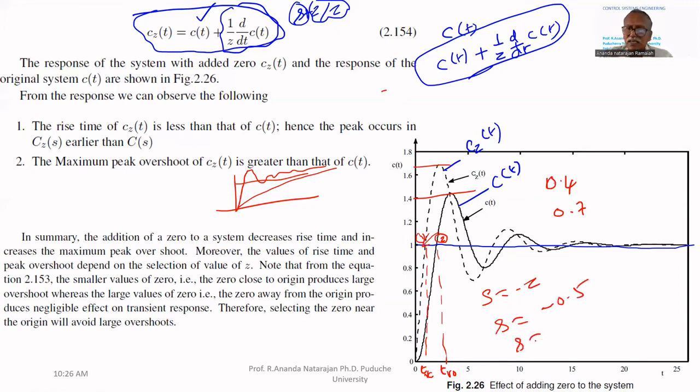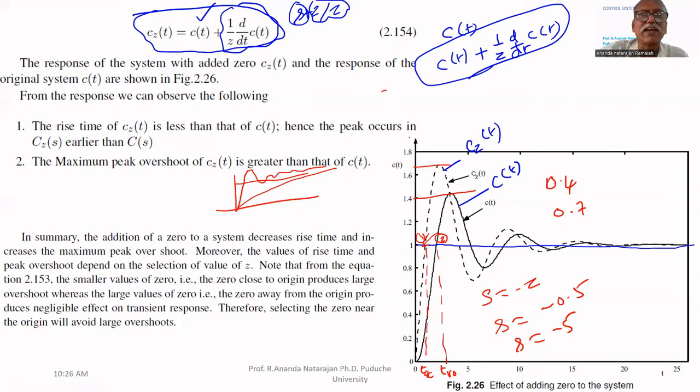If I select S equal to minus 5, far away from origin. If I select Z very close to origin, overshoot will be large. If we select a large value of Z, overshoot will be less.